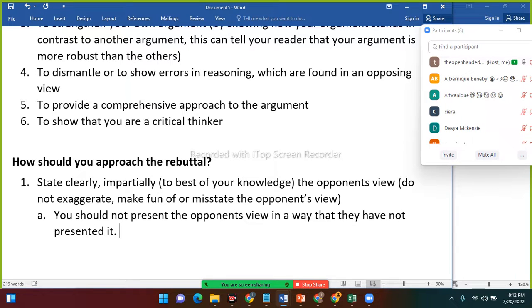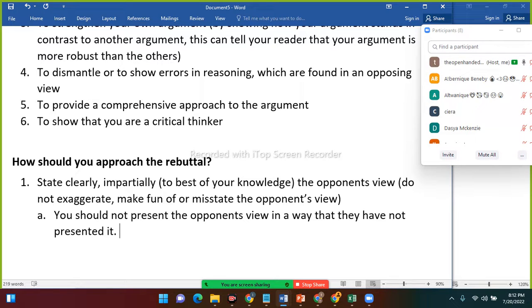Okay, so if they say we believe white is black because of Google glasses, then you must say opponents say they believe that white is black because of Google glasses. You can't say opponents say they believe that white is black because they are dumb, or because of the spectrum on the circle, whatever that means.